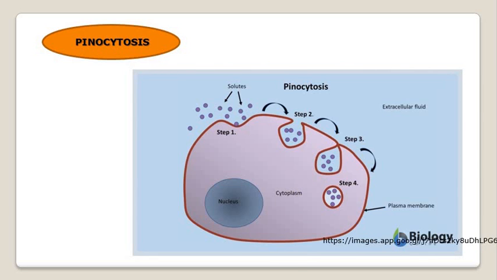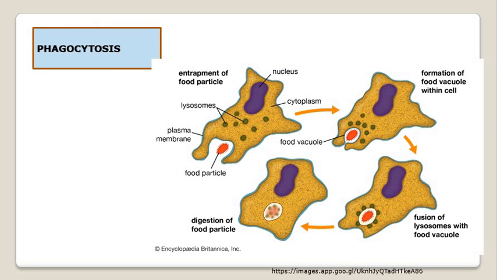Pinocytosis and phagocytosis. So, pinocytosis is what? Whenever the liquid molecules or the solid molecules are taken inside by the cell, that is called pinocytosis. And pinocytosis, dear students, is also called cellular drinking.